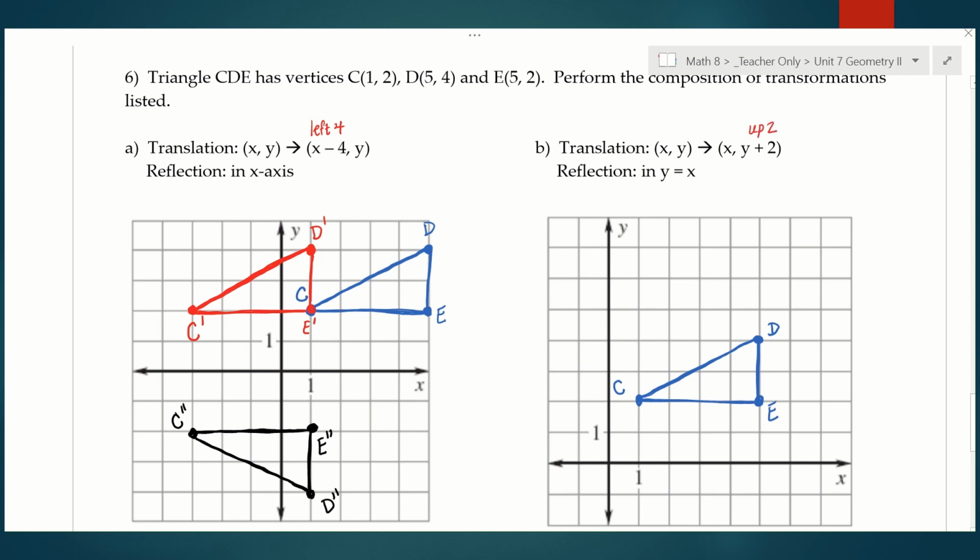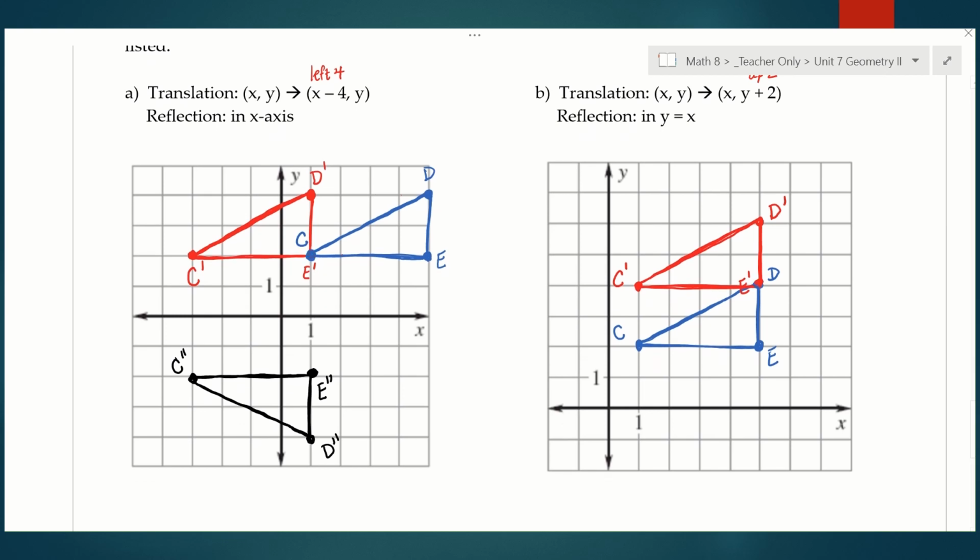Every point gets translated up 2. So C prime, D prime, E prime ends up being right there.